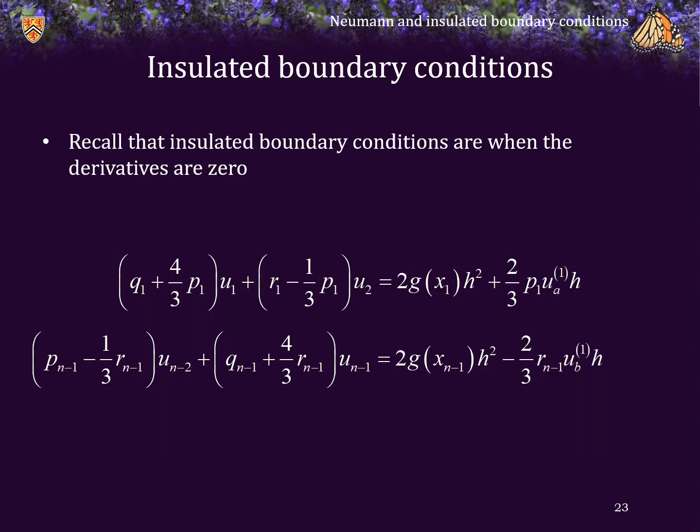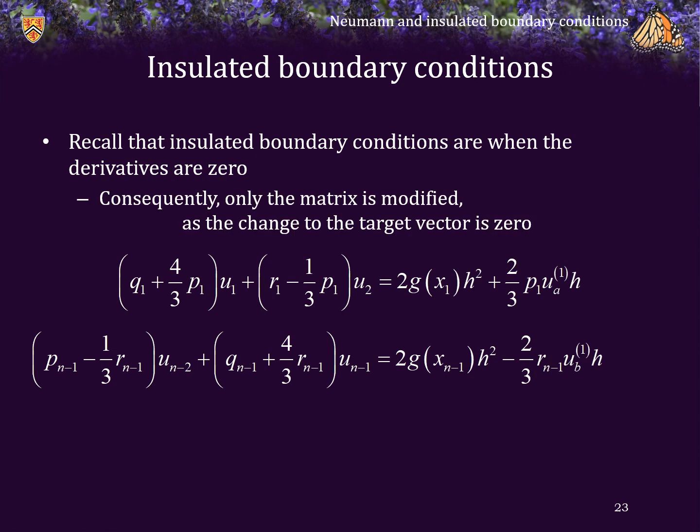Now recall that insulated boundary conditions are simply Neumann conditions when the specified derivative is given as 0. Consequently, only the matrix is modified as the change to the target vector is 0. So if the left-hand boundary is insulated, that expression is 0, and if the right-hand boundary is insulated, that expression goes to 0.